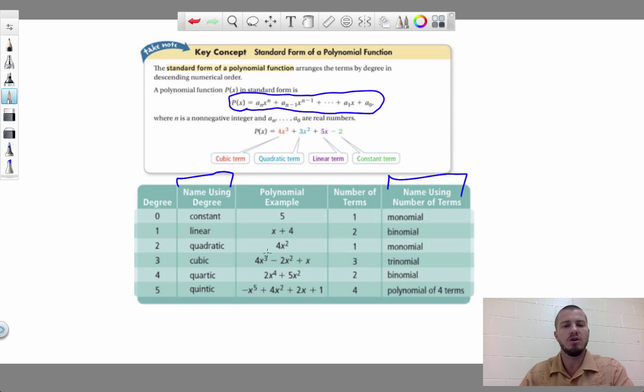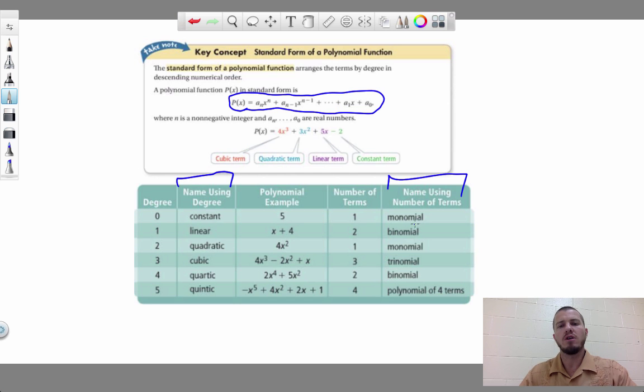Now, when we get into a degree of 3, it's a cubic. A degree of 4 is a quartic, and a degree of 5 is a quintic. After that, it's just a 6th degree polynomial, 7th degree polynomial, 8th degree, and so on.